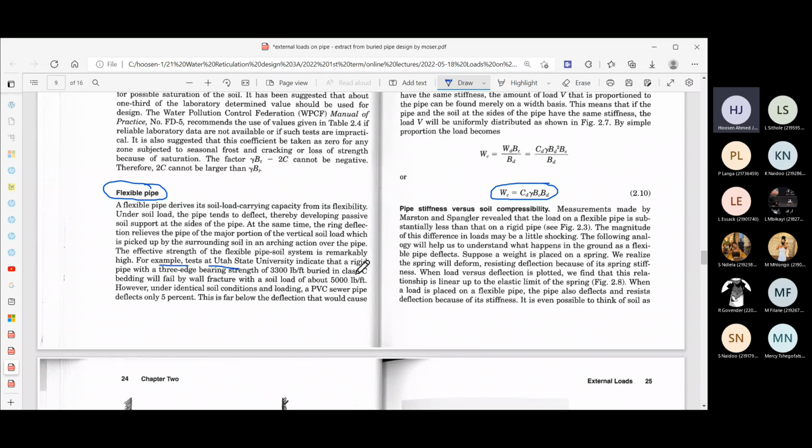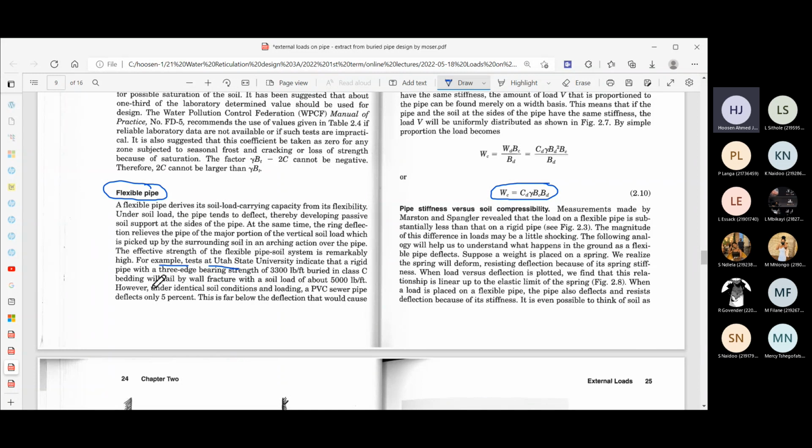So a rigid pipe would usually be a concrete pipe. And they applied a load of 3,000 pounds per foot on a buried pipe, and at that point, the pipe started to fail. It developed fractures. So this was for a rigid pipe.